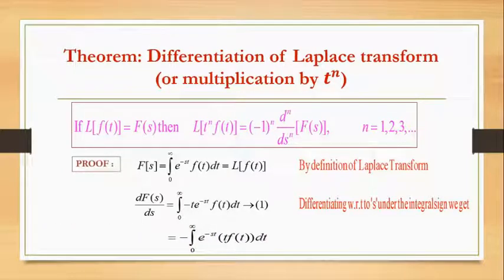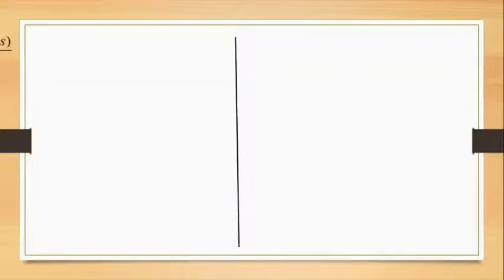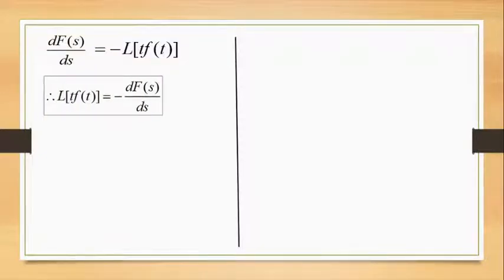When further simplified, we get minus integral 0 to infinity e power minus st into t into f of t dt. So, we get d by ds capital F of s to be equal to minus Laplace of t f of t. You can refer to the definition to understand this, and hence we conclude Laplace of t f of t is nothing but minus d by ds capital F of s.